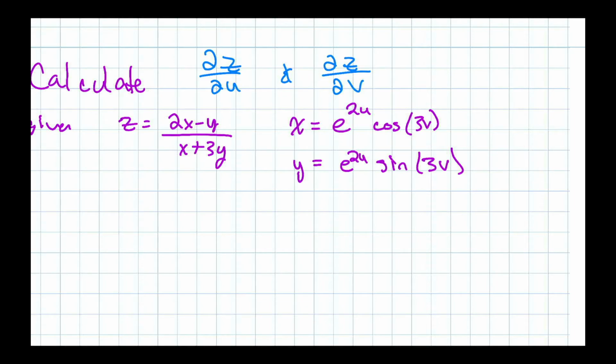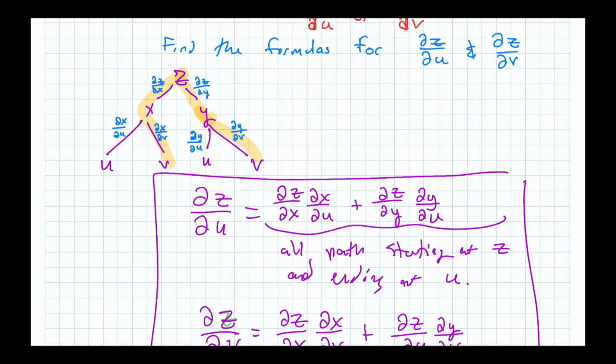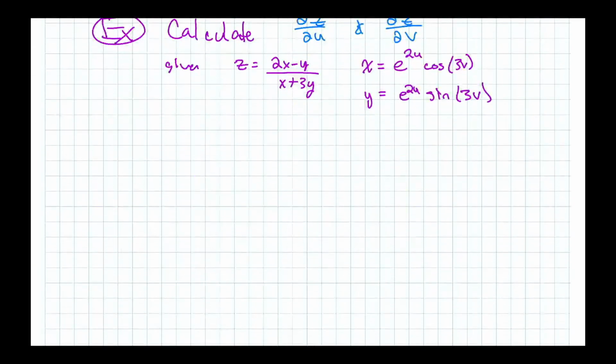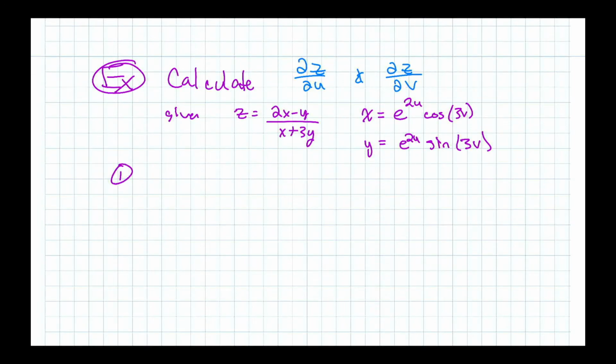So you can see from this that you're going to have quite a few partial derivatives to calculate. Basically, you need the partial derivatives of everything with respect to everything. So we need to find all these partials.